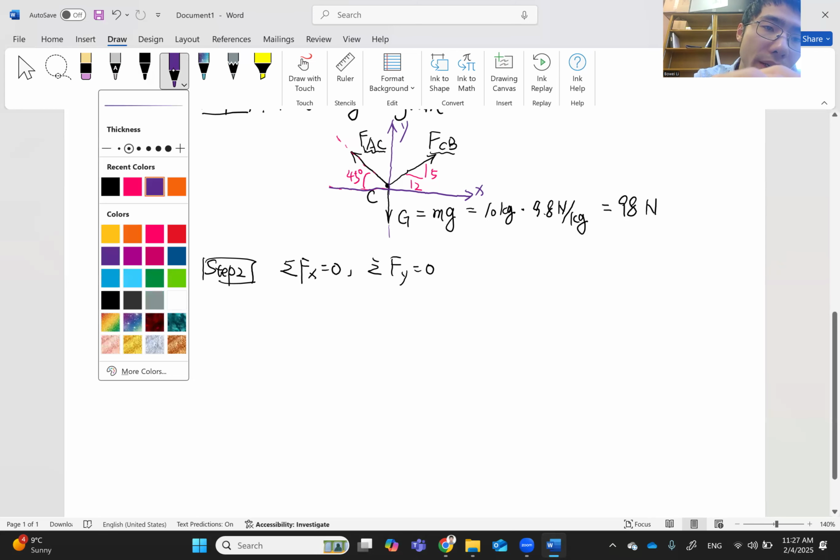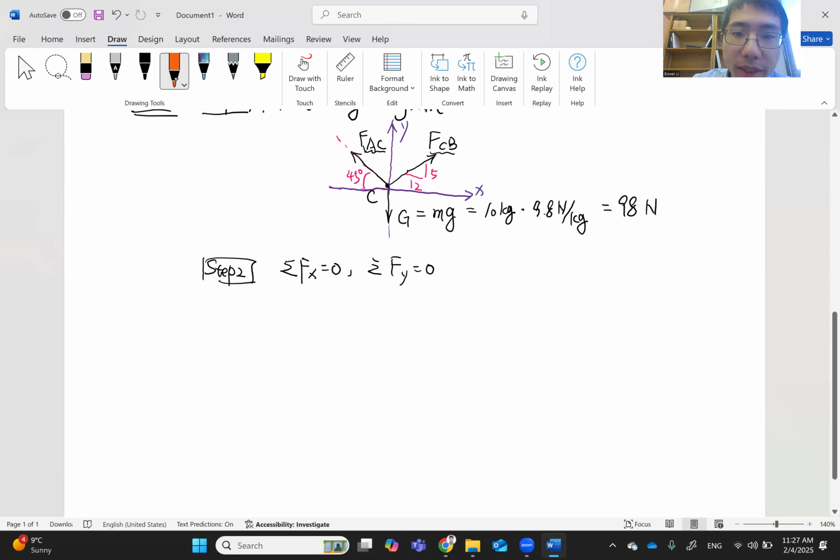We can first decompose, for example, FAC here. FAC can be decomposed as we draw a line from the tip of the vector FAC to the horizontal axis, and then we have a right angle triangle where the height is the vertical component FACY, and the base is the horizontal component FACX.